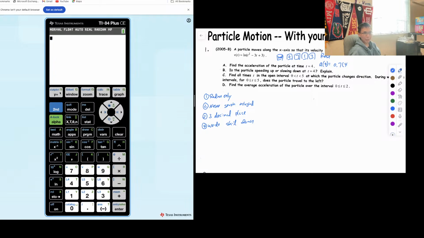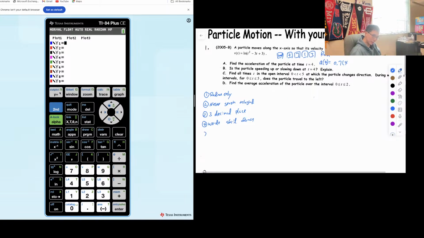Now, what you're going to do is graph this function. You're going to graph y equal to. So you're going to do a, right? A is going to be y equal to, and you're going to graph natural log of. Now, don't use t. Use x squared minus 3x plus 3. Same thing in terms of decimals, use v of x rather than v of t.